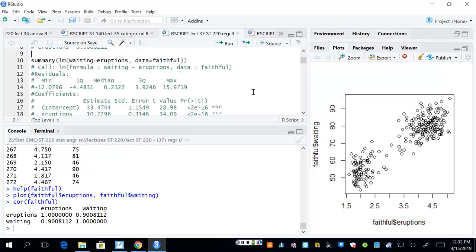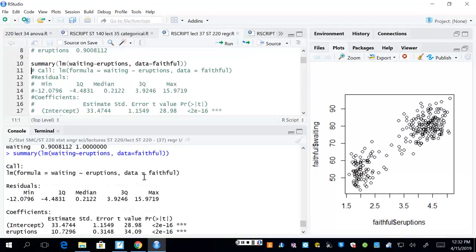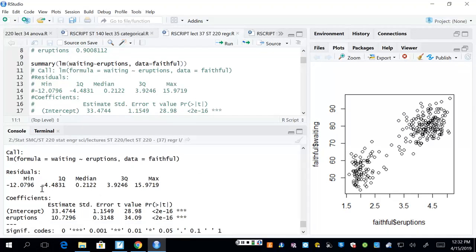So this one gives us an equation. This summary thing, right, gives us an equation. Gives us a bunch of stuff. It tells us what our function was that we called. It was this linear model function. It gives you a little bit about the residuals, right? So the residuals are the vertical distance, so the errors. So the smallest error is about 12 minutes off because the vertical distance is waiting times.